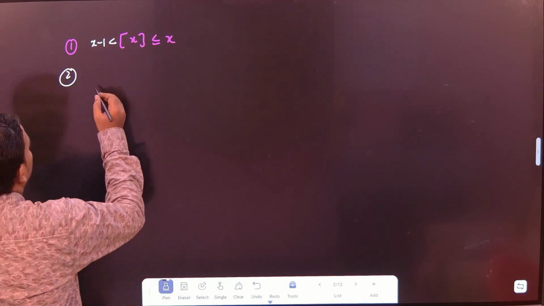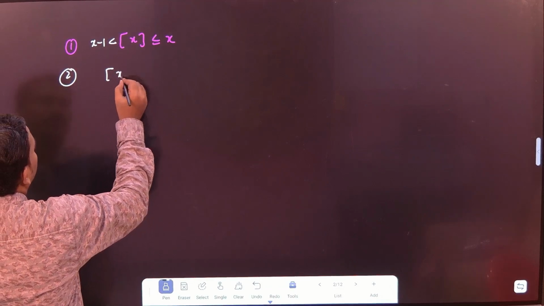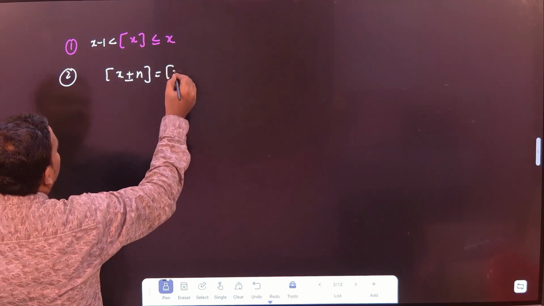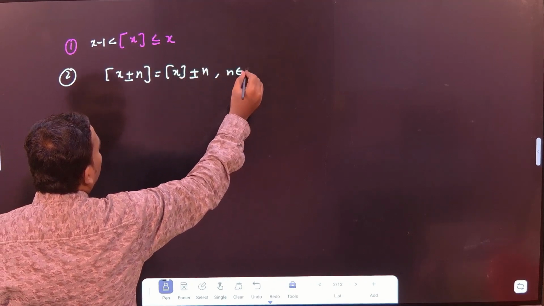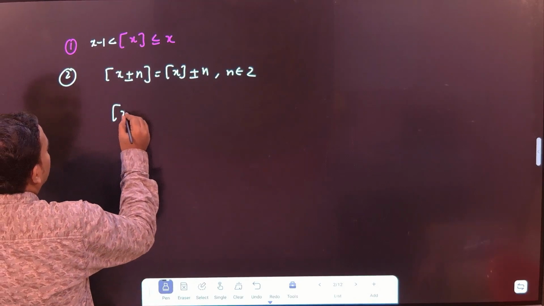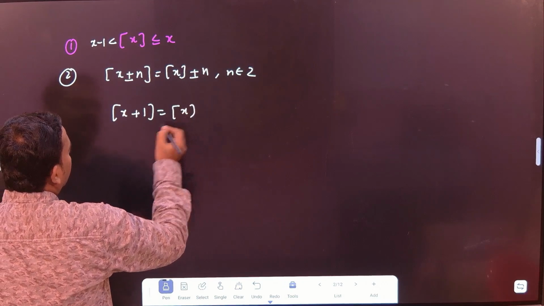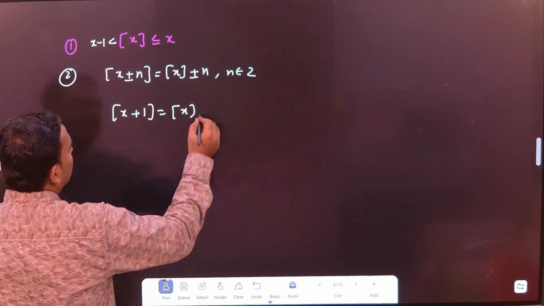Okay. Let me state the next property. The greatest integer function of x plus or minus n is equal to the greatest integer function of x plus or minus n, where n belongs to the integers. What is the meaning actually? For example, if I take the greatest integer of x plus 1, you can split it, you can take out the 1 from the greatest integer function, like this.